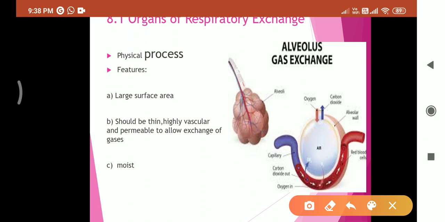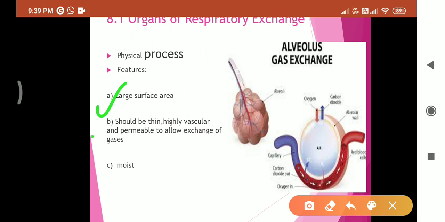The first one is a large surface area. The next is that it should be thin, highly vascular and permeable to allow exchange of gases.